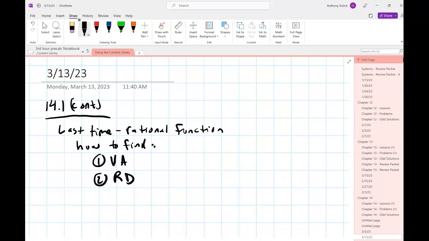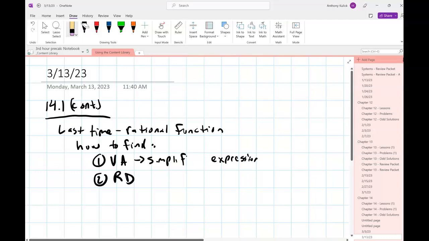Asymptotes were not my strong suit. What's it called? You simplify. Okay. Then once you really break it all down, you cancel out and put the denominator equal to 0.